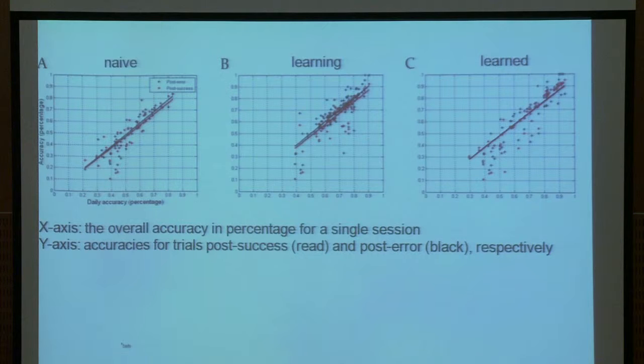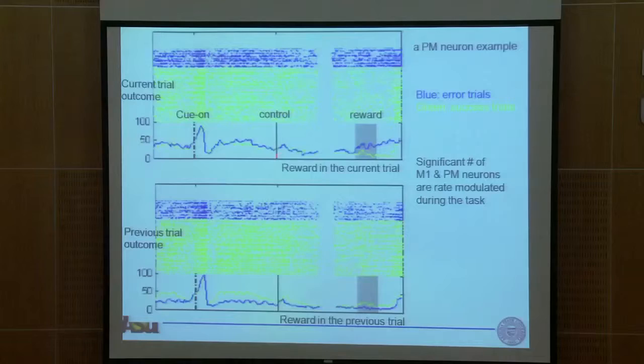And the neural data shows, if I look at these, these are incorrect trials. So we have many rasters, as I showed you just now. So all the blue ones are incorrect trials. The green ones are the correct trials. So if I look at these two types of trials, I'm looking at the current trial, and during the reward stage, I'm expecting a reward.